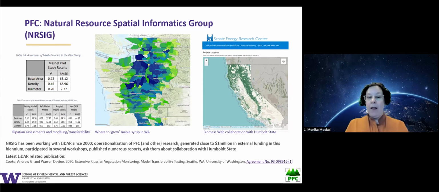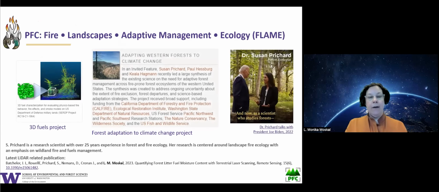They've also developed monitoring techniques for extensive riparian forests and looked at transferability of these techniques. So just because we develop a technique in one location, we're really interested in how can we utilize this 3-dimensional data across other landscapes. So some of that research comes out of that particular lab.